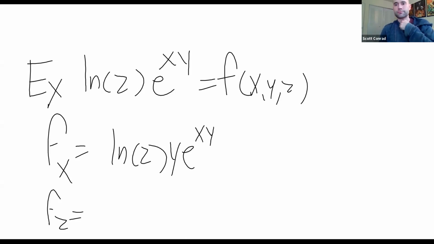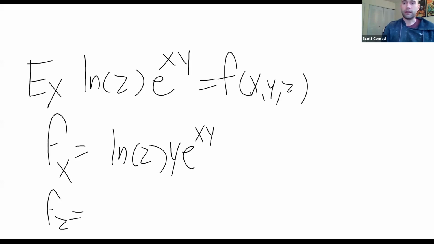Using the chain rule. Does everyone understand how that one works? I treated y and z as constants and differentiated with respect to x, and that's what we get. Now what happens when we take the partial with respect to z? We treat x and y as constants.